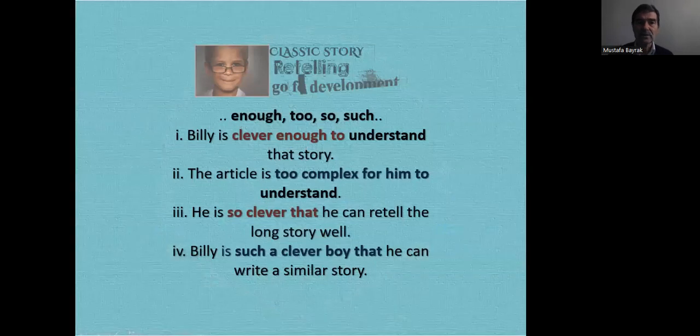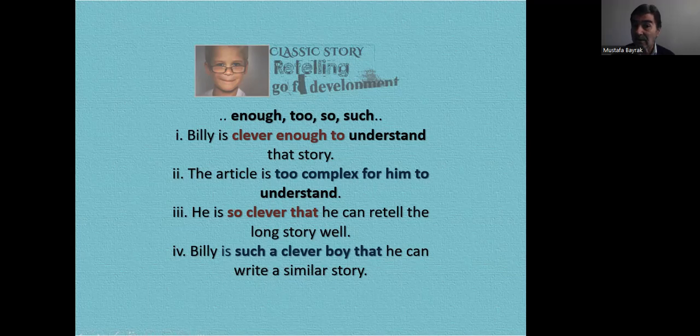Let's remember all four of them together like this. Clever enough to do something. Too complex for somebody to do something. And now the that clause after so and such: so clever that, such a clever boy that. Billy is clever enough to understand that story.